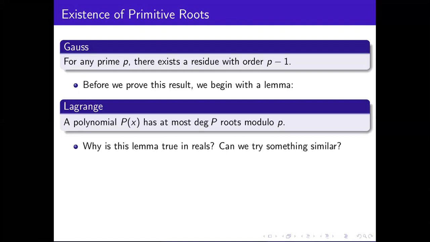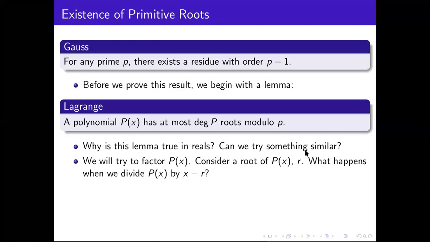The general idea we want to try is to somehow factor P(x) modulo p. And in fact, we can. Consider a root of P(x), let's call it r. Here, a root means that P(r) is equivalent to 0 mod p, not necessarily equal to 0. What happens when we divide P(x) by x minus r? Here we're working entirely in mod p.